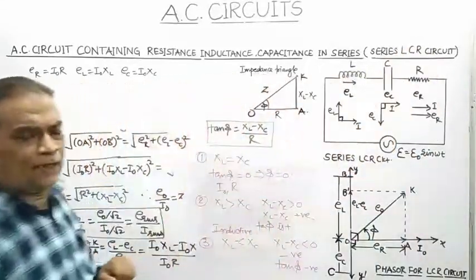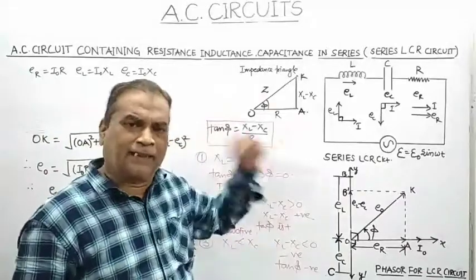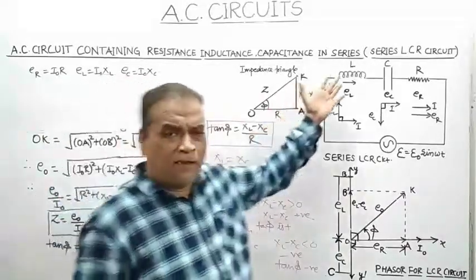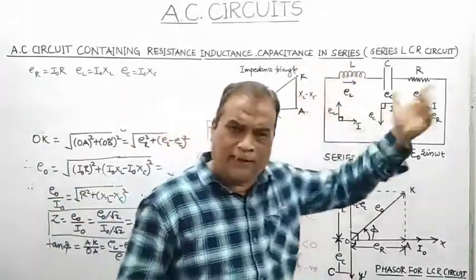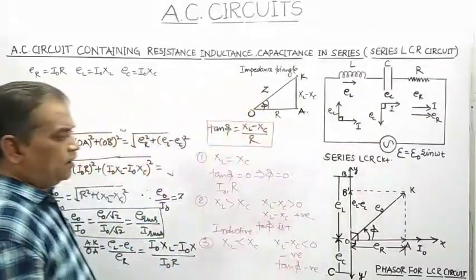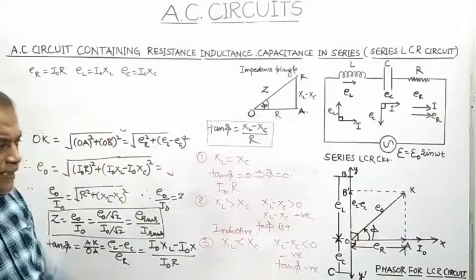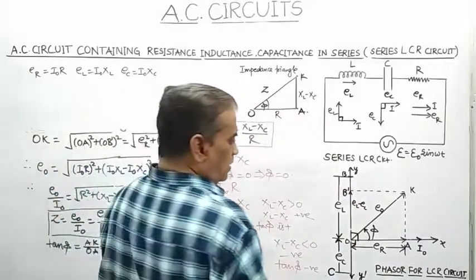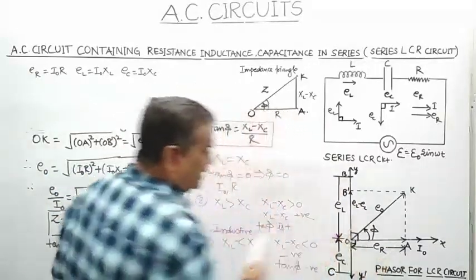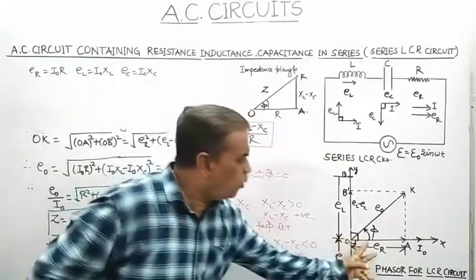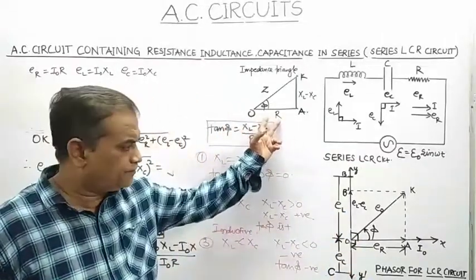But the voltages across L, C and R are different and have different phase relationships with the current I0. Now from this three phasor diagram for series LCR circuit, see here OA represents the ohmic resistance R.